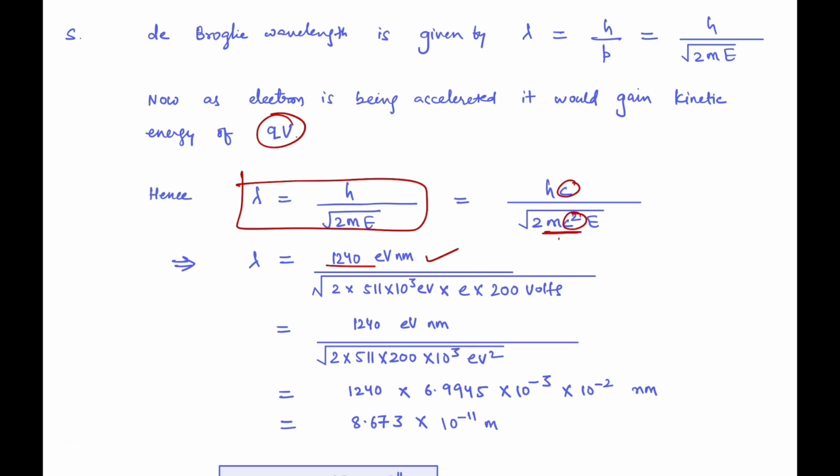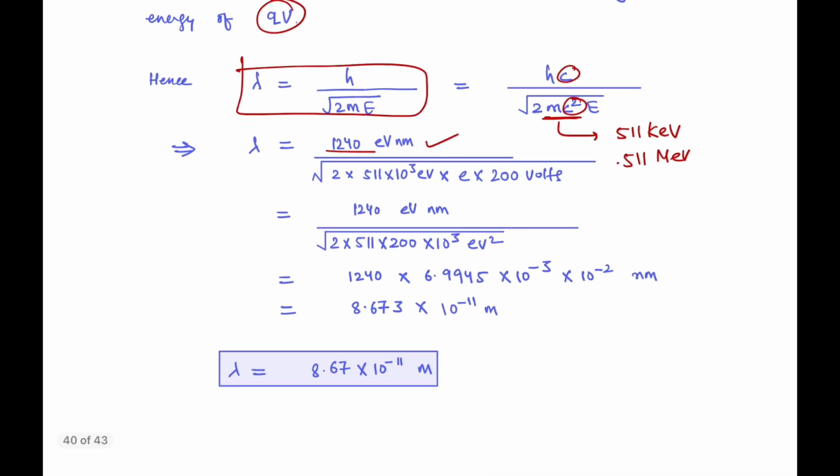So mc square is actually the rest mass energy of the electron, that is 511 kilo electron volt. Now we have everything. Whenever you solve it, you actually get lambda to be 8.67 multiplied by 10 to the power minus 11 meters. So this is the whole way to solve things.